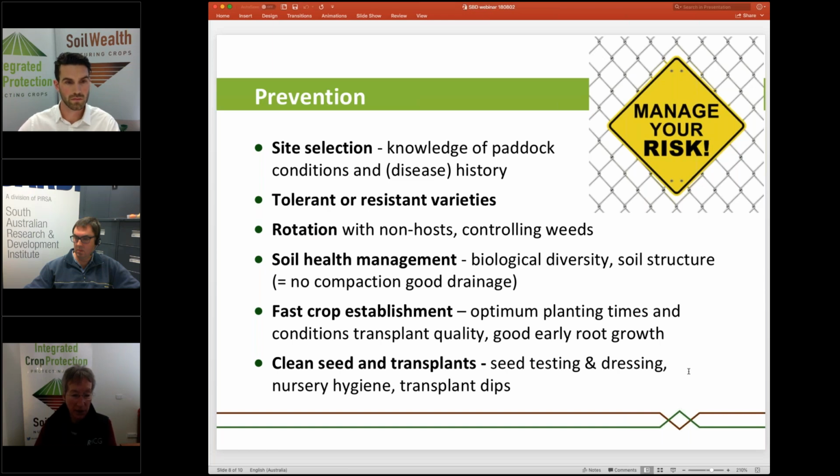It is worthwhile getting seed tested for pathogens because a lot of pathogens can sit in and on seed. Also, it's worthwhile if you get transplants to actually visit your nursery and make sure they have the right procedures, and you get plants that are just ready, they're not pot bound, and they're not stressed already when they come to your farm.